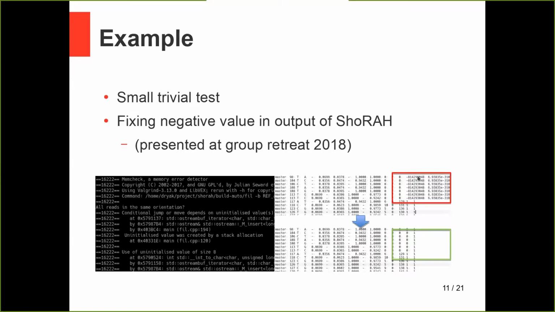When you see this type of weird values, and especially the fact that it's replicated after several lines, it might give you an indication that the value wasn't correctly initialized. So let's see the actual stuff.